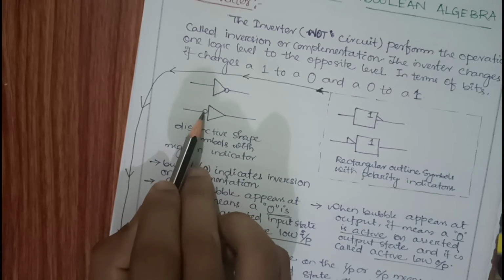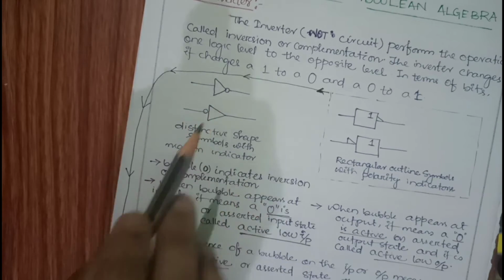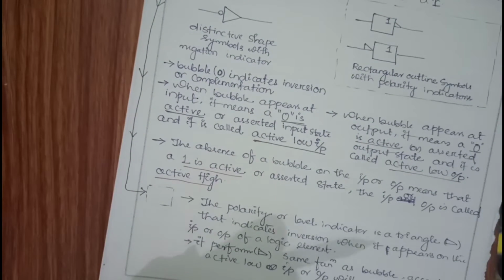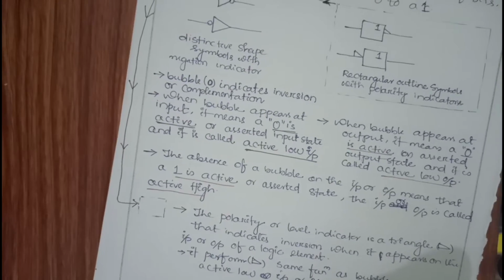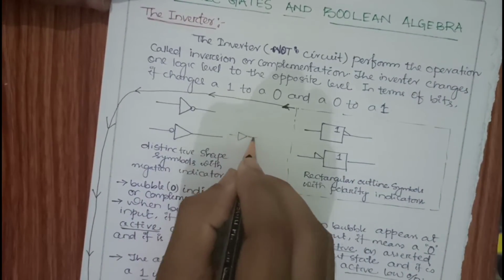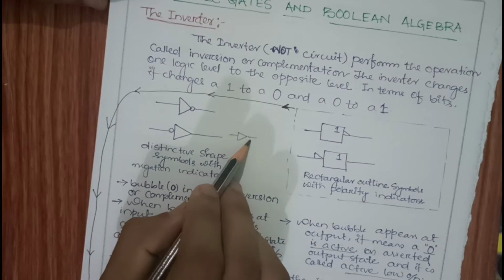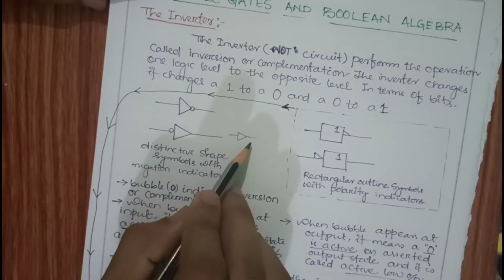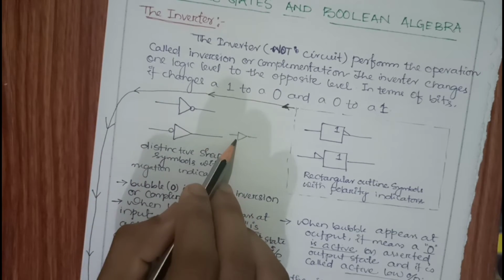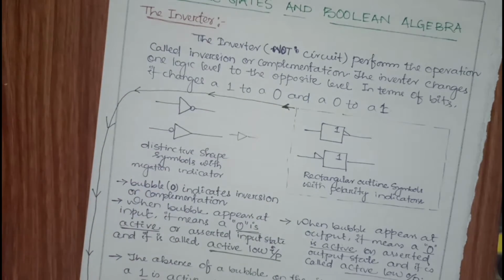Here 0 is the active input, that is called active low input. Okay, then we will see when there is no bubble. If a symbol is like that, it means it is active high input and active high output also. Okay, these are the active low. There is no bubble means active high.